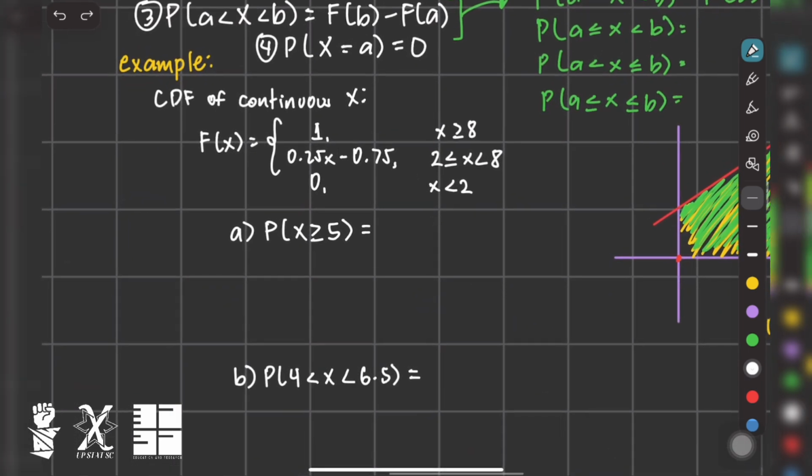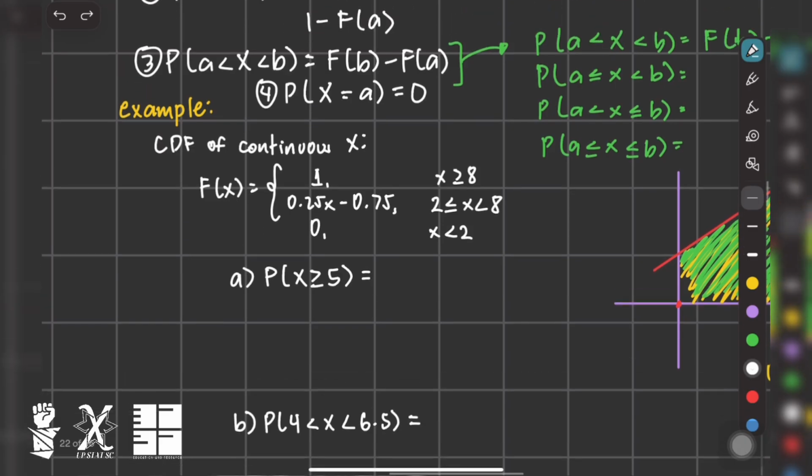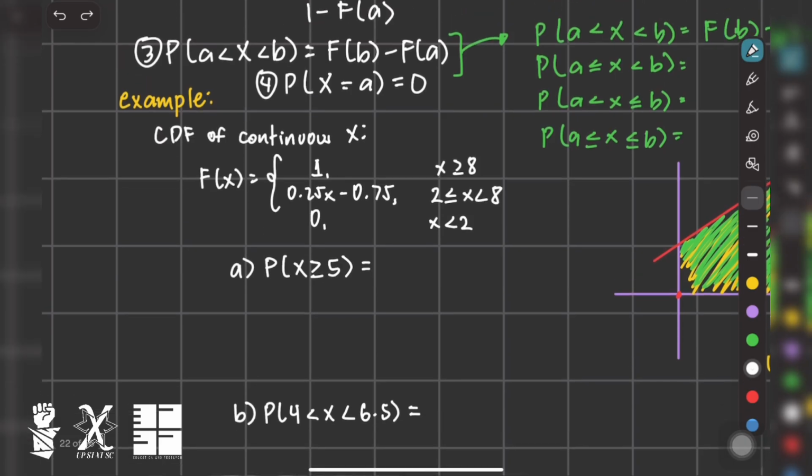So right here we're given the probability that your x is greater than or equal to 5. So we want to translate this probability into something that is less than or equal to. So first, we can get the complement of it. That's 1 minus P of x less than 5.